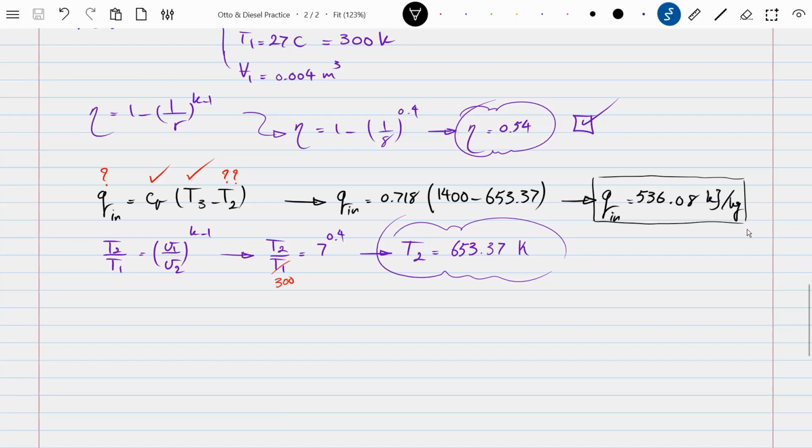So per unit mass of air in our cycle, this amount of heat is added. But can we find the mass of air in our system? The answer is actually yes, we can find it.